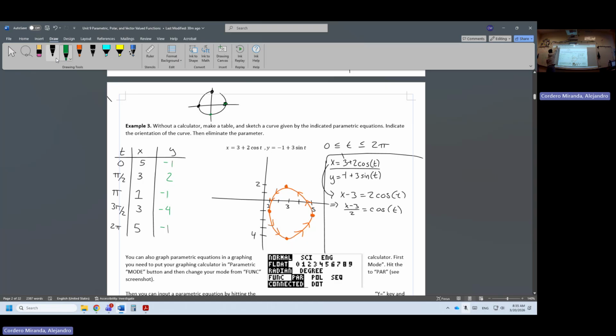And then I'm going to solve this green one for sine only. So y plus 1 equals 3 sine of t, meaning that (y plus 1) over 3 equals sine of t. And then here are my 2 relevant equations. Take advantage of the fact that sine squared plus cosine squared is always 1.